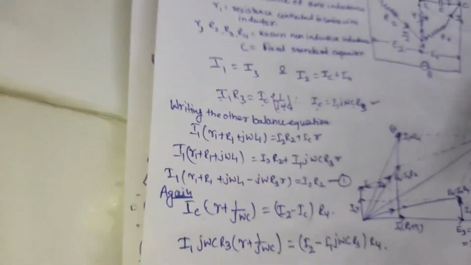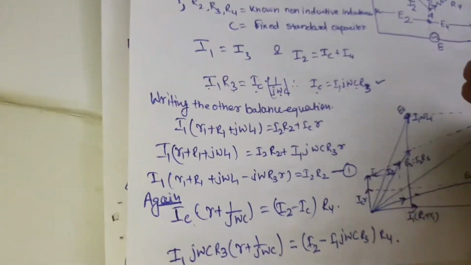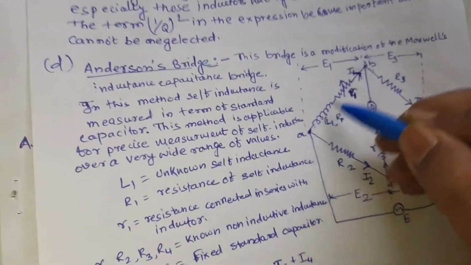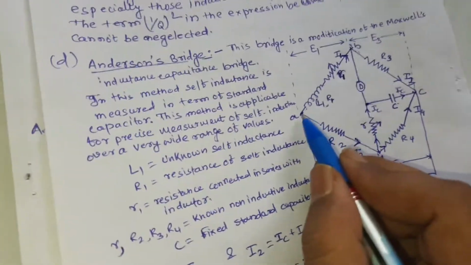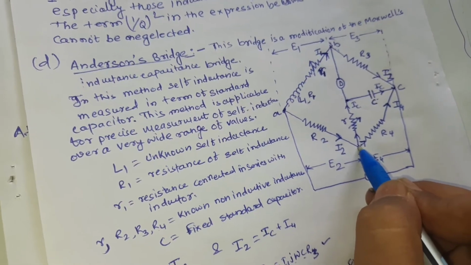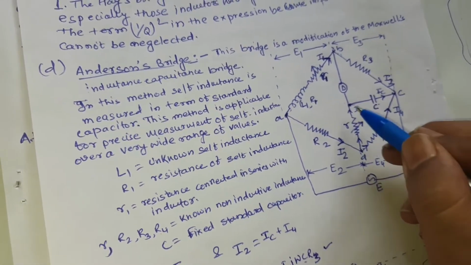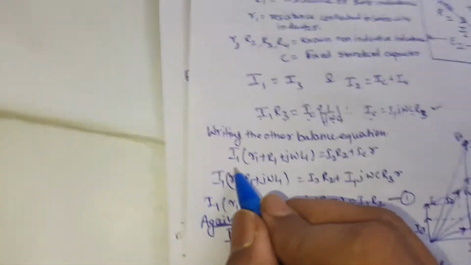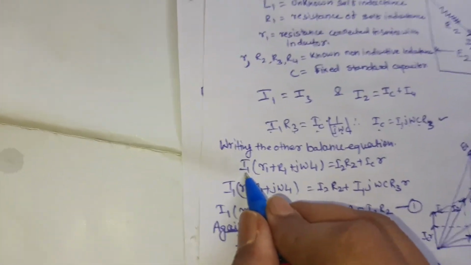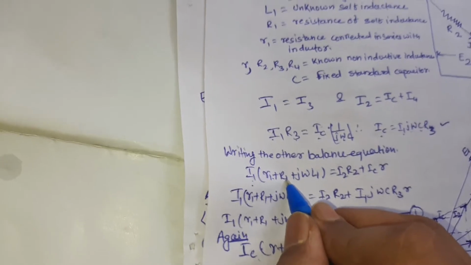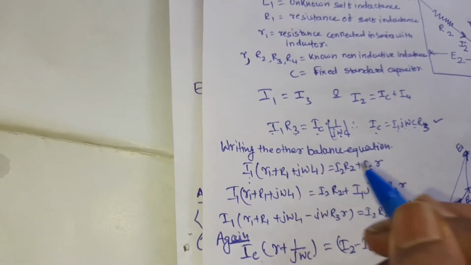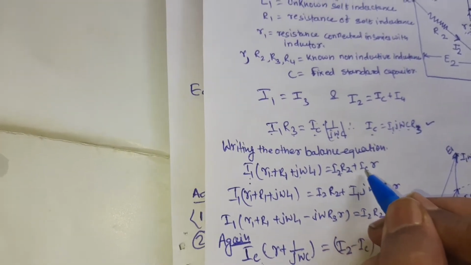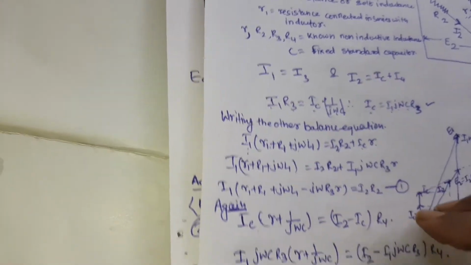Again writing the other balance equation, that means the voltage drop across branch 1 must be equal to the voltage drop across branch 2 plus the voltage drop across the variable resistance r. So the voltage drop across branch 1, that means I1 into R1 plus small r1 plus j omega L1, is equal to I2 into R2 plus IC into small r.